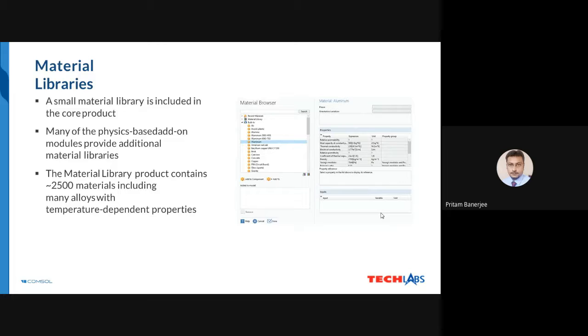Not only a single material, it could be an alloy as well, with temperature dependent properties. Those materials are also in the material library. So from there we could add all those materials into our design, and we could also change the physical properties of that material.